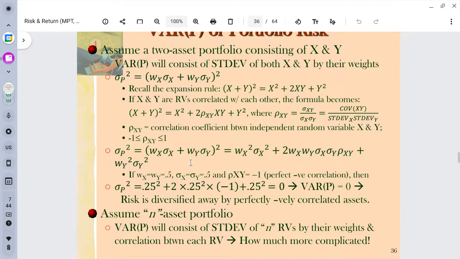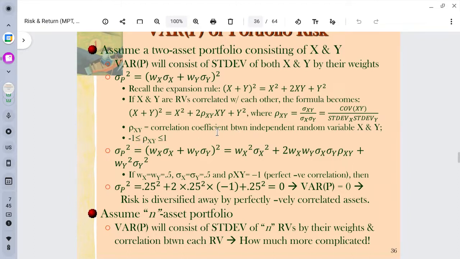This rho, Greek character rho, stands for relationship, correlation between X and Y. And then rho, the correlation coefficient, is basically the covariance between X and Y over the standard deviation of X and standard deviation of Y. Never mind at this point, and the correlation coefficient can be between 1 and -1.